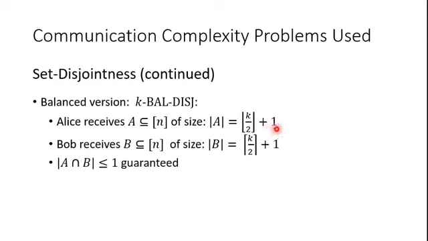So it's roughly the same size as Bob's, who also receives a subset of 1 through n of size upper bound k over 2 plus 1. So that's why it's called balanced. Okay, it's relatively balanced in the sizes that they receive. And in this case, we assume that it is guaranteed, as promised, that the intersection of A and B, the sets that they receive, has size at most 1. So it's either 0 or they intersect on 1.